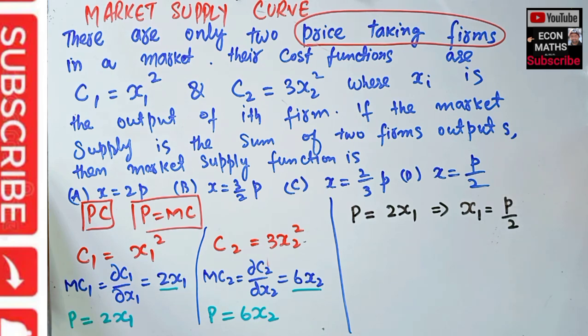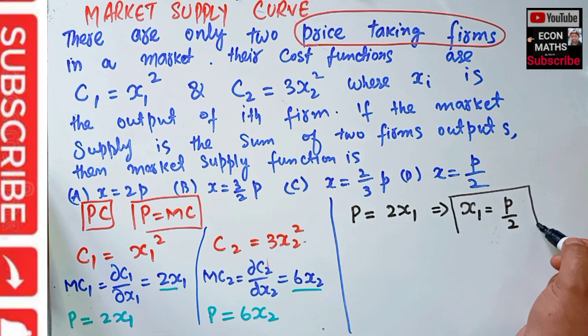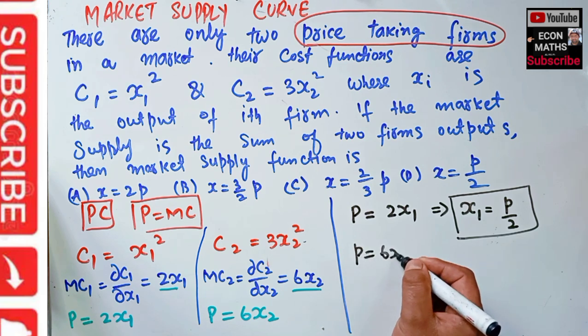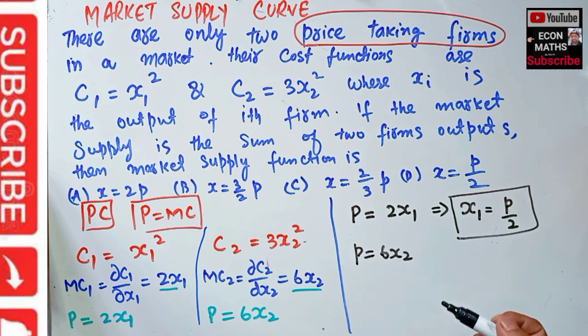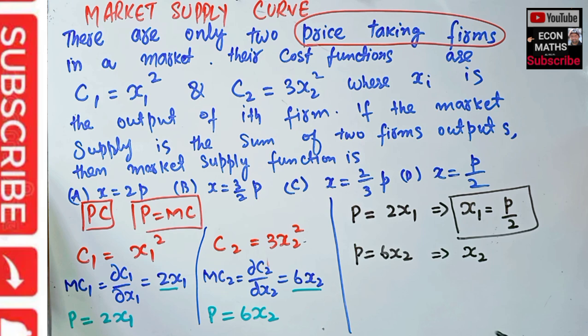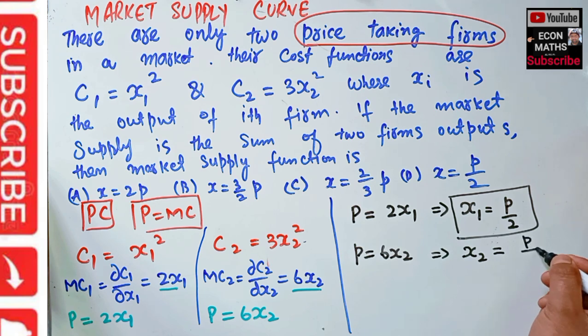This is the individual supply function of firm 1. Similarly, p is equal to 6x2 for firm 2. Solving for the output, x2 will be equal to p upon 6.